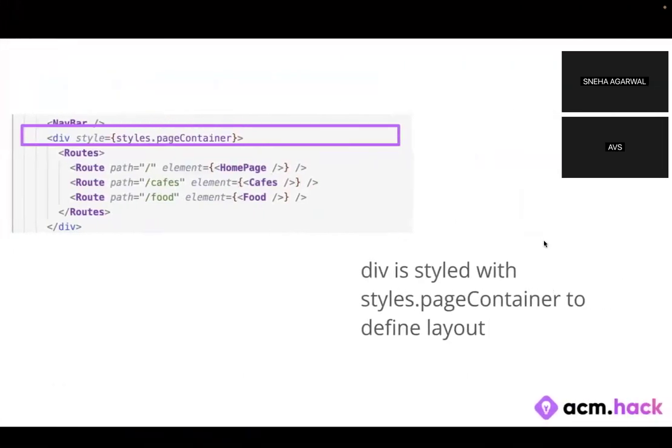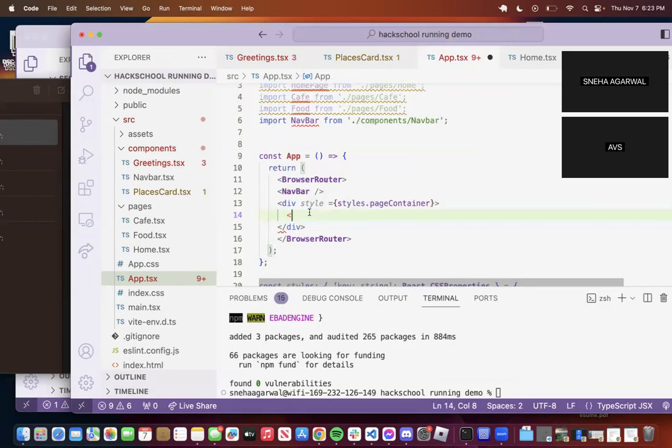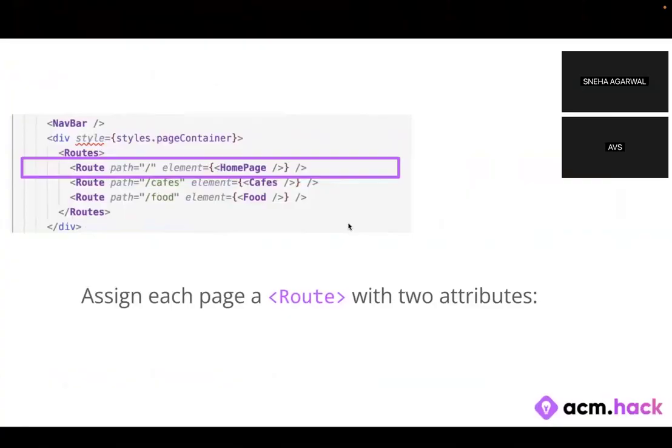And then once we've defined the style that we're going to use, we're going to start defining each of our routes inside of our larger routes tag. So first I'm going to say routes, and routes is just another component which we're going to hold each of our individual routes in.